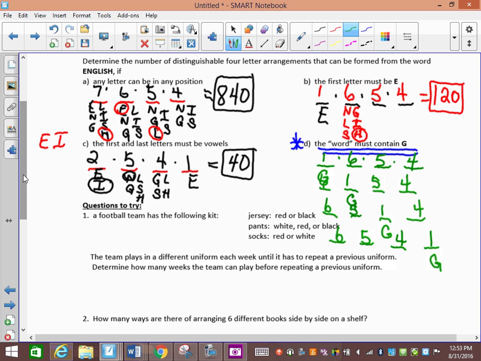Or what could I have done? 1, 6, 5, 4. I could just do it once, like this, and then multiply that by 4, because I have 4 blanks for that G. 6 times 5 times 4, we said, is 120. 120 times 4 is 480.